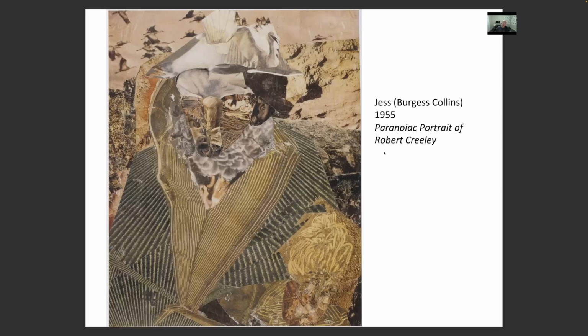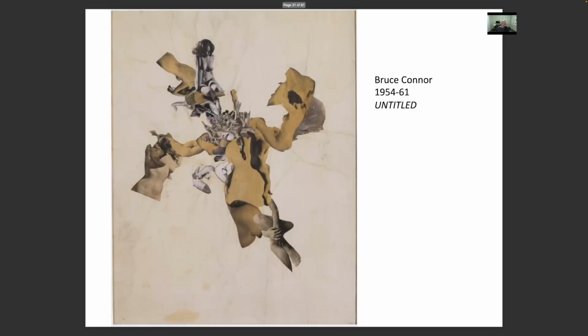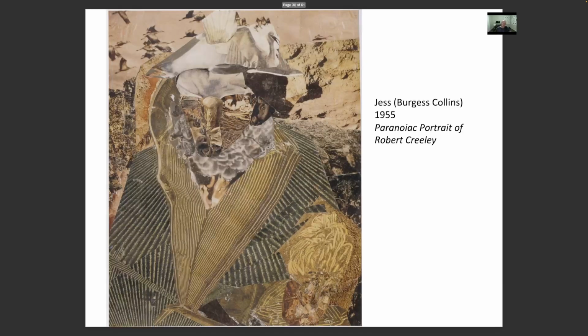This is a portrait of Robert Creeley. Robert Creeley was a beatnik poet, but as we can see here, this is just such a confusing portrait. First of all, the values are all so close together. And second of all, the patterns are really confusing here.